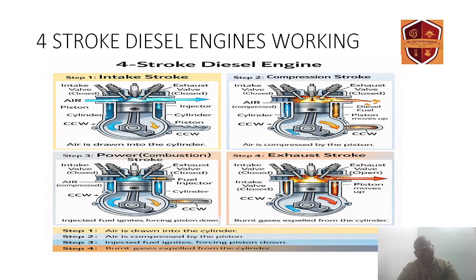When the piston reaches top dead center, the fuel is injected, which increases the pressure and temperature, and combustion occurs. The flame is generated, which makes the piston move downwards. So we get useful mechanical work, and the burnt gases leave the cylinder through the exhaust valve. During this time, the inlet valve remains closed. The opening and closing of both inlet valve and exhaust valve is done with the timing gear mechanism.